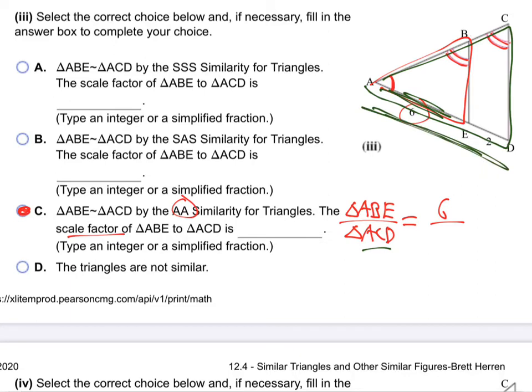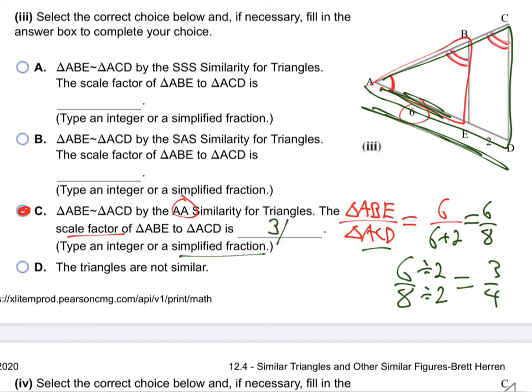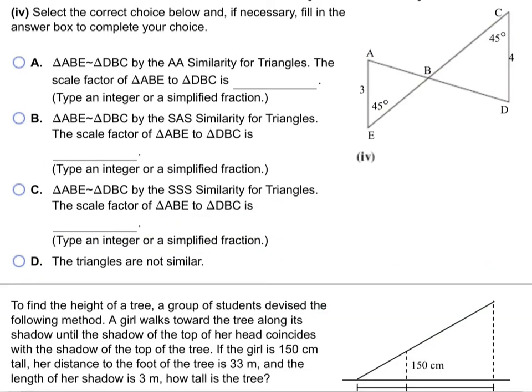The bottom of the big triangle is 6 plus 2, 8, isn't it? 6 over 8. Then you got to reduce the fraction because they want a simplified fraction, divided by 2 top and bottom, 3/4. So the little triangle is 3/4 as big as the big triangle. That's the scale factor.